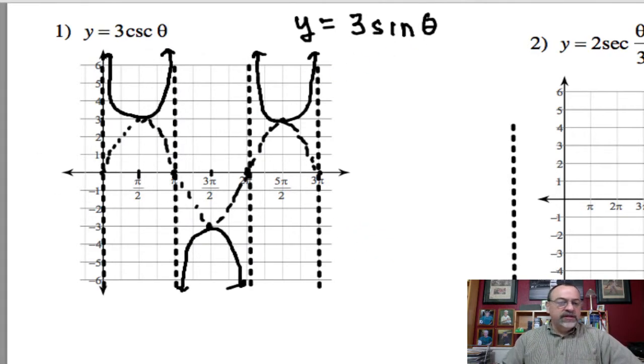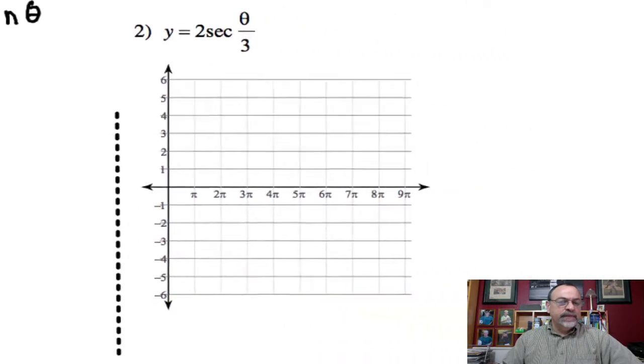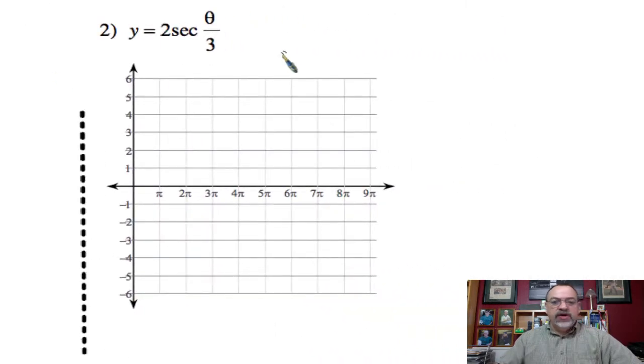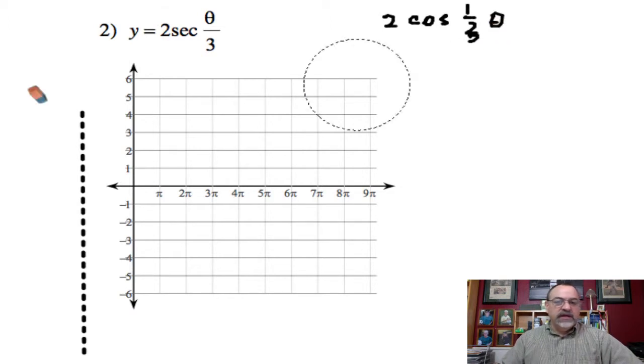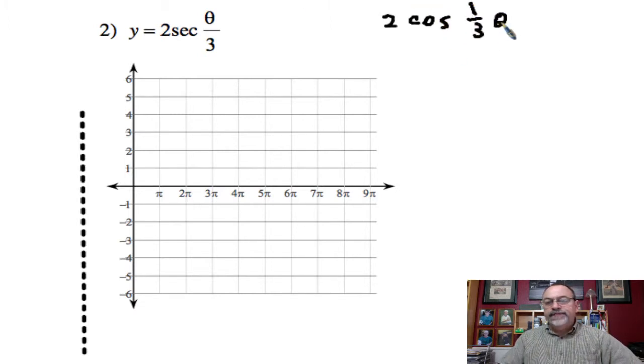All right, let's take a look at number 2 here. Now this is the reciprocal of the cosine. So I'm going to rewrite this as cosine, and then 1/3 theta. That's kind of a crummy looking 3. Let me redo that. Cosine, and then 1/3 theta.